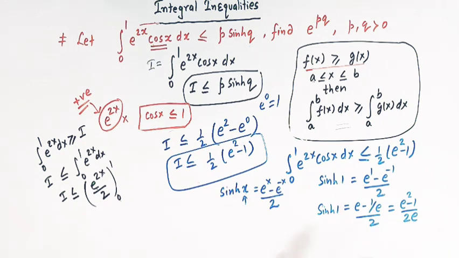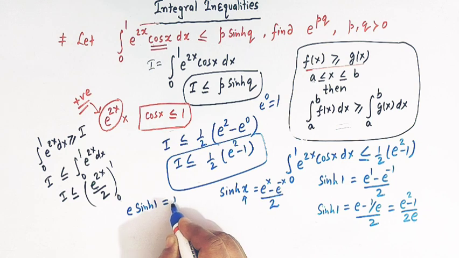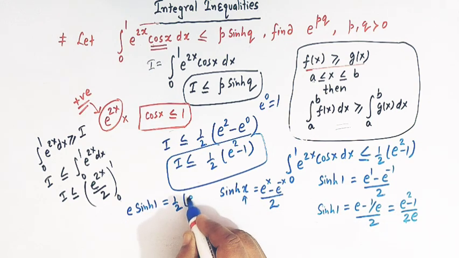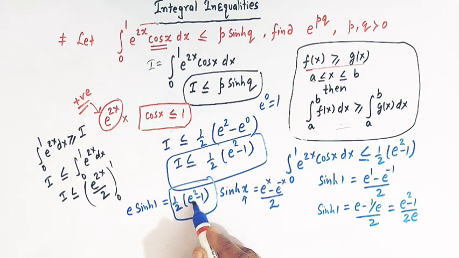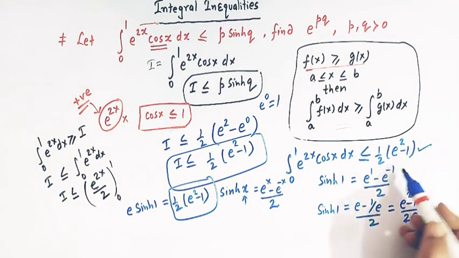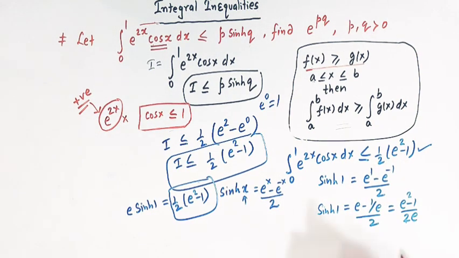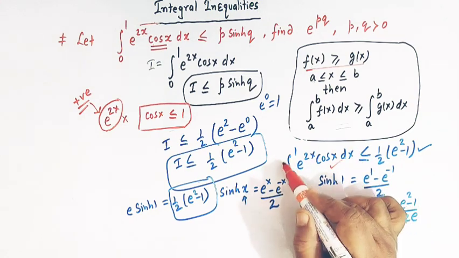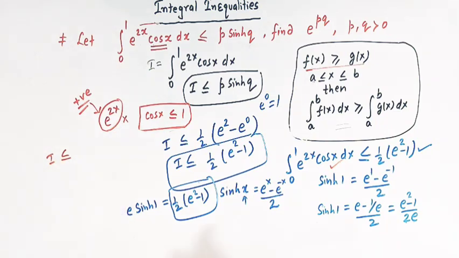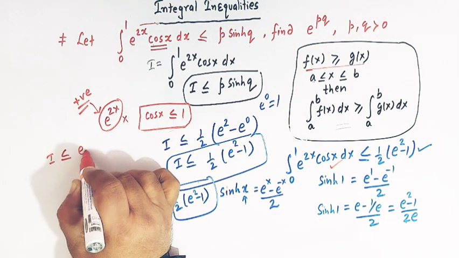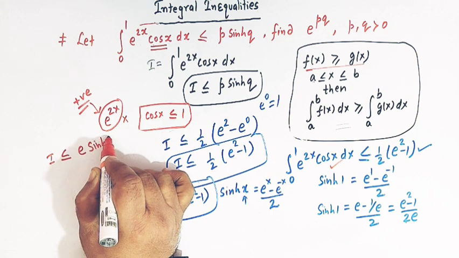So now what we will do, we'll take this e to this side, right? So e times the hyperbolic sine of 1 is equal to half times e square minus 1, right? So now we can substitute the value of half times e square minus 1 in this relation, right? So now this relation becomes, if we replace this integral by I, we can write I less than or equal to half times e square minus 1, which is equal to e times hyperbolic sine of 1, right?